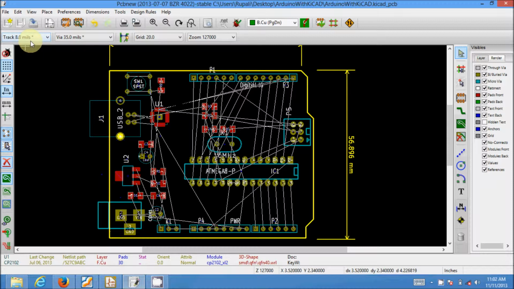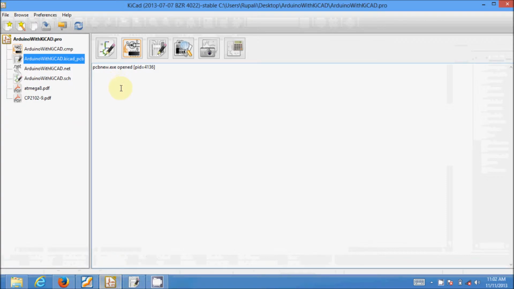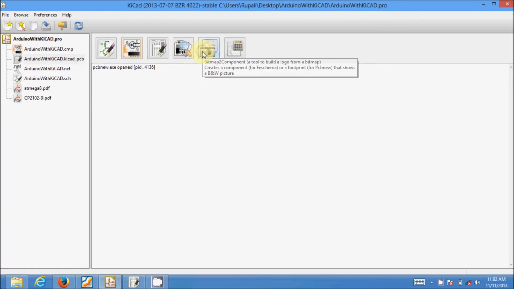This is fine with most boards, but usually when you calculate the current requirement for a board, it depends on what type of application the PCB will be used in. So depending on the power requirement, you define the track size.